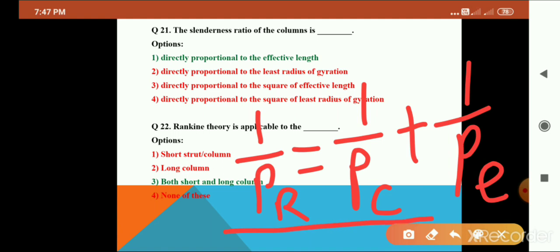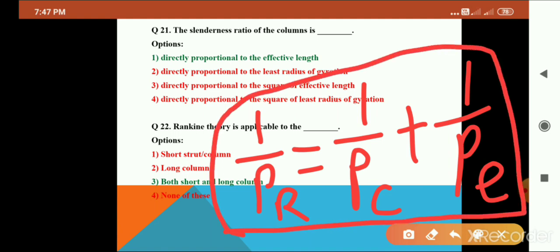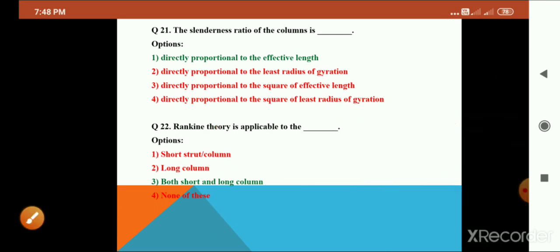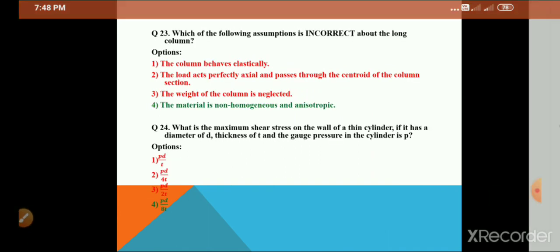So here buckling as well as crushing are both considered. So Rankine's theory is applicable for both short and long columns. Option number 3 is the correct answer. Let's proceed to the next question.